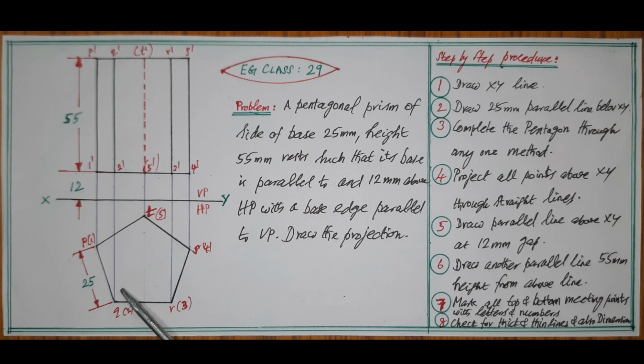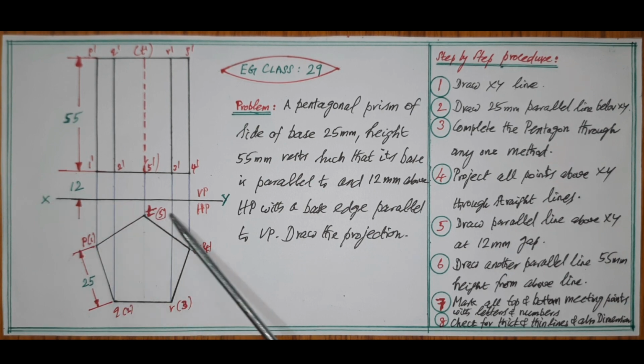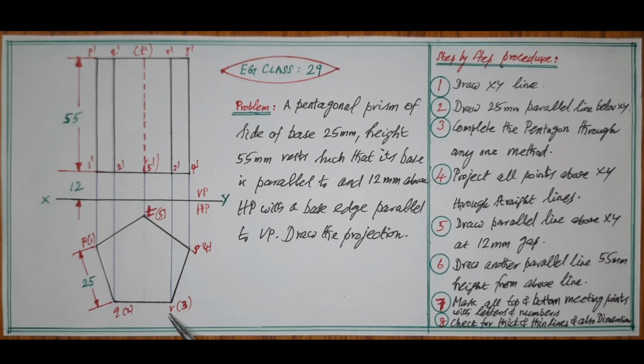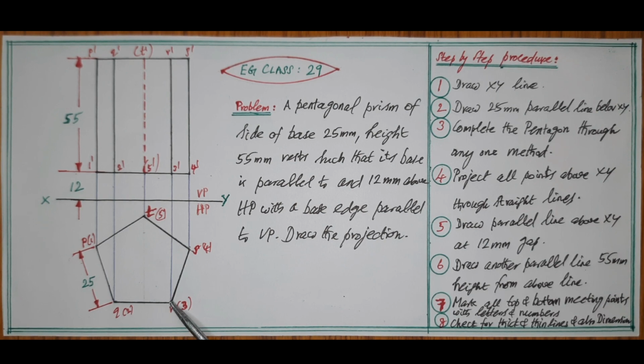Please remember, the base edge is parallel to VP as given in the problem. Hence, first draw the XY line as shown here and then one parallel line, that is QR, as shown with 25 mm length at sufficient distance below XY.